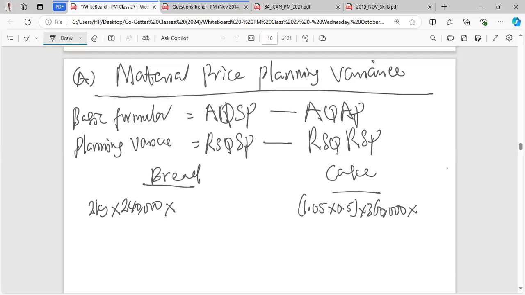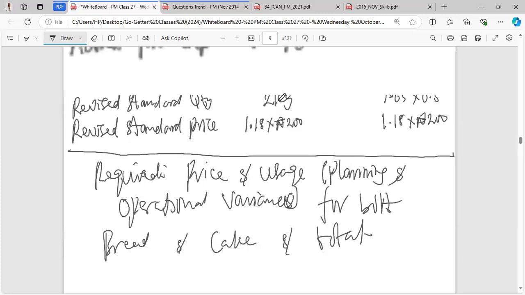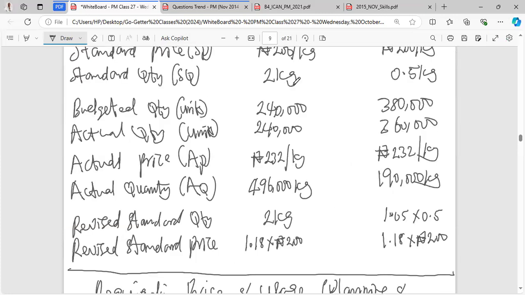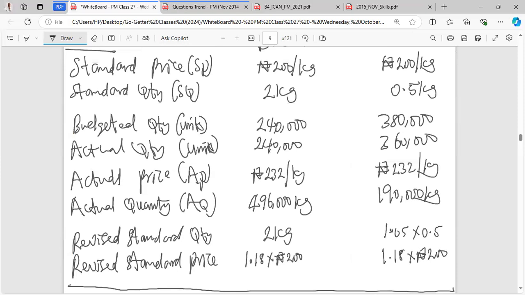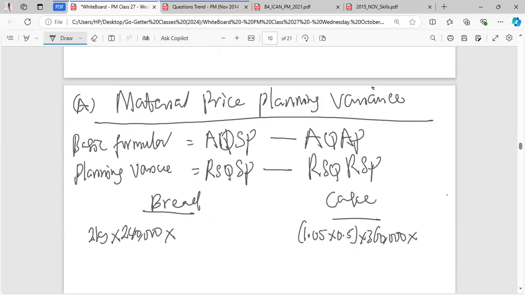Standard price of wheat happens to be 200. Let's verify. 200, that's here, standard price. So you see, it is good to break them down like this. The time spent doing all of this will save you a whole lot.